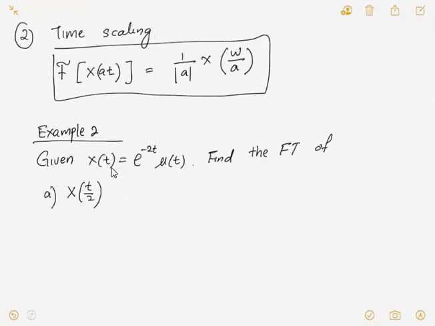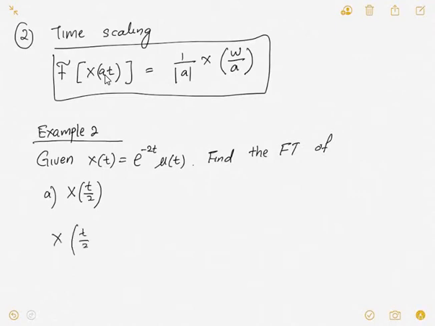Okay, given x(t) is equal to exponent negative 2t u(t), find the Fourier transform of x(t over 2). Okay, in this case, if you compare with this one, what is the a here? The value of a is 1 over 2, right? So 1 over 2.